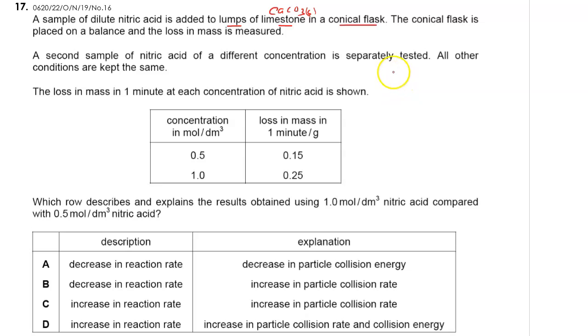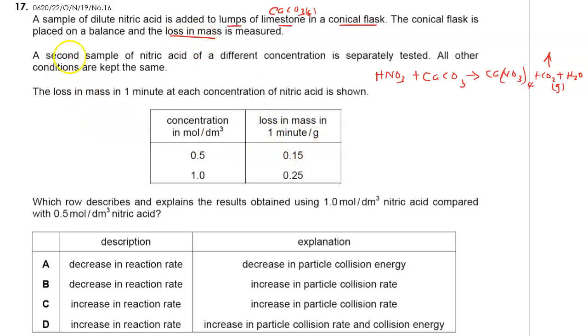Of course, we know that when nitric acid reacts with calcium carbonate, we get calcium nitrate plus carbon dioxide plus water. So this gas will be lost. That's why the mass will decrease.